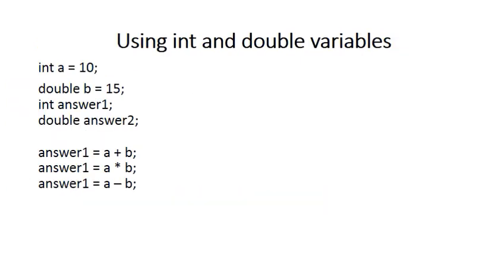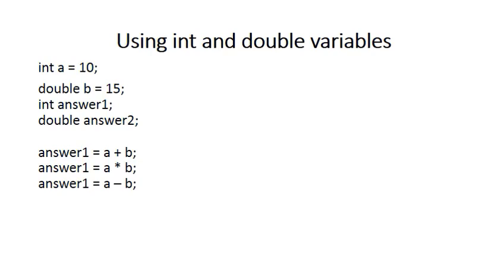An important thing to understand when you work with the operators and different data types is what happens when you have an int and a double in an expression. In this example we're adding a plus b or a times b or a minus b, but you will notice that a is an integer and b is a double. Although b is 15, the variable is a double. Now the rule in C# is if one of the operands, in this case b, is a double, then the answer must be a double.